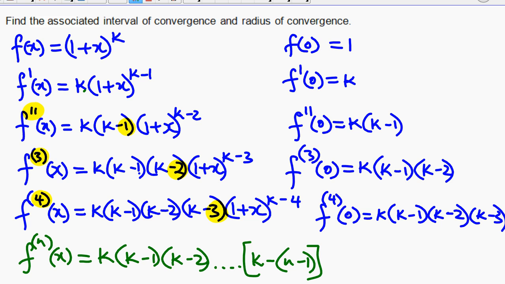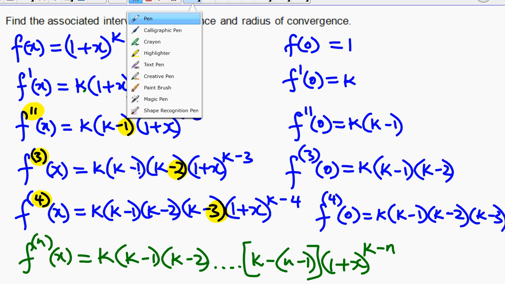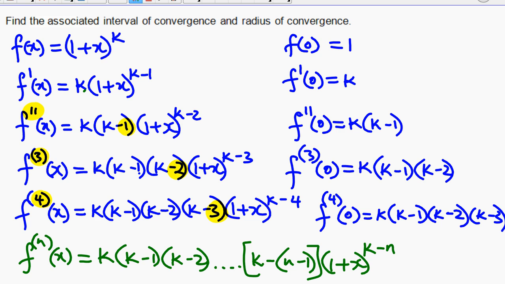This is where we stop. And of course, we have this multiplied by 1 plus x to the power k minus n. Because if you look at the powers, they're less by 1 each time: k minus 1, k minus 2, k minus 3, k minus 4, and therefore k minus n. And here are the factors where we are going to stop, so that is n minus 1.